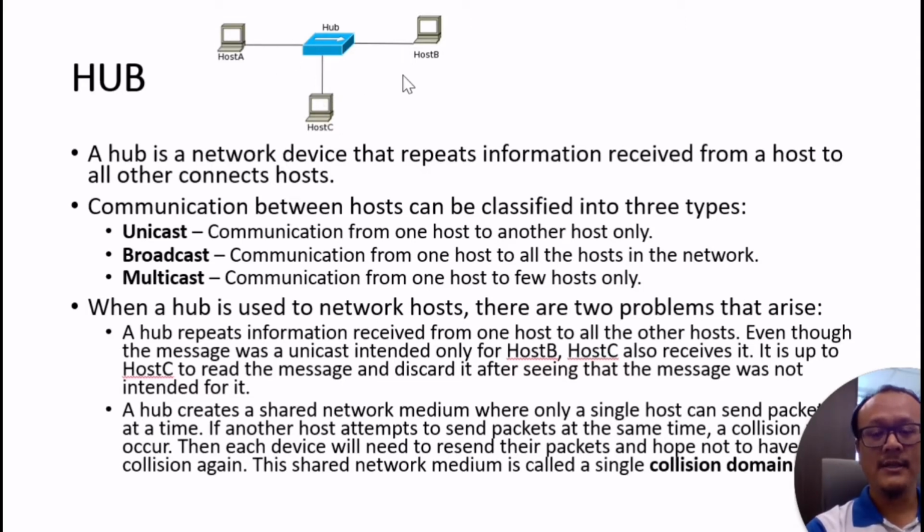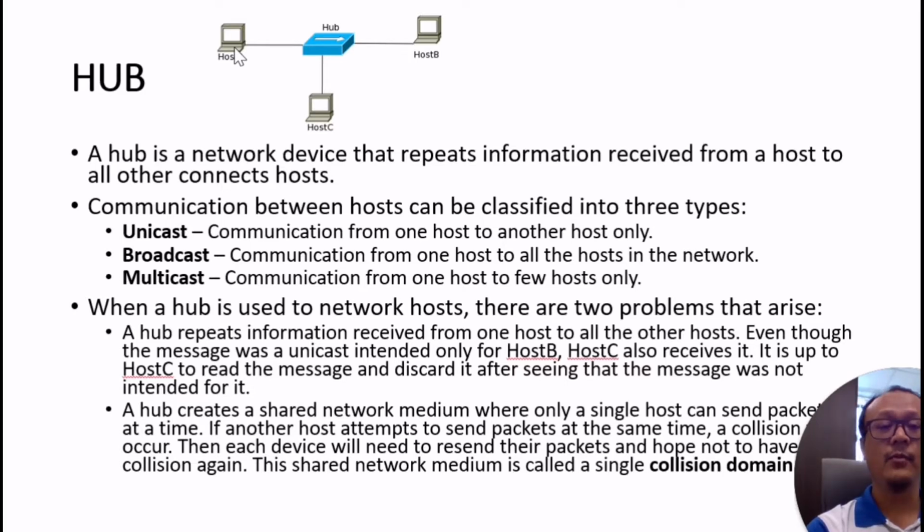A broadcast is a communication from one host to all the hosts in the network. It means that the information sent from host A will be received by host B and also host C. So it is called broadcast. Even if there are other hosts D, E, F, G, all of the hosts will receive the information from host A. Multicast is different.